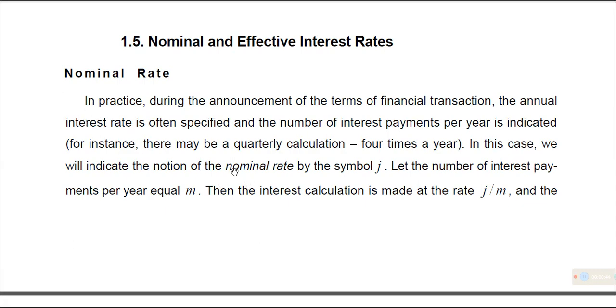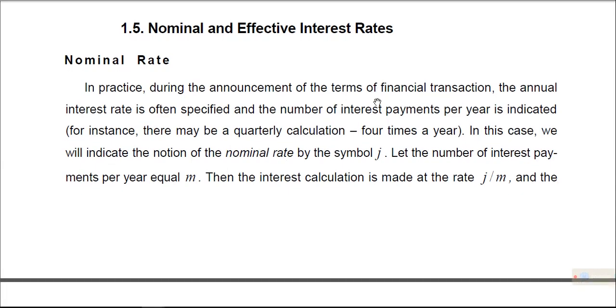about nominal rate. So in practice, during the announcement of the terms of financial transaction, in general, pwede siyang loan, pwede siyang investment, pwede siyang deposit. So the annual interest rate is often specified and the number of interest payments per year is indicated. For instance, there may be a quarterly calculation or 4 times a year nagko-compound yung interest.